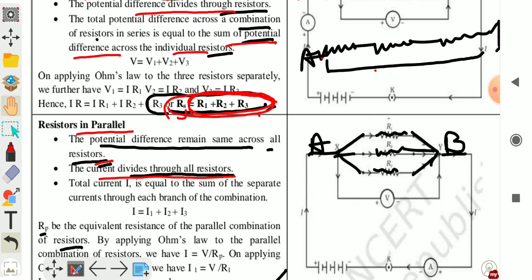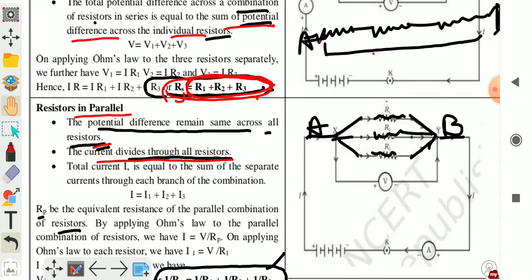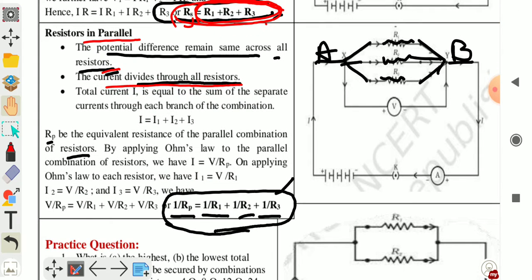By applying Ohm's law to the parallel combination of resistors, we have I equal to V upon RP. On applying Ohm's law to each resistor, we have I1 equal to V upon R1, I2 equal to V upon R2, and I3 equal to V upon R3.